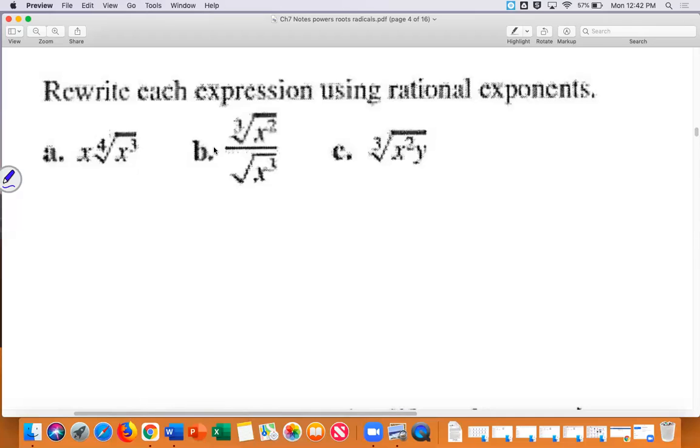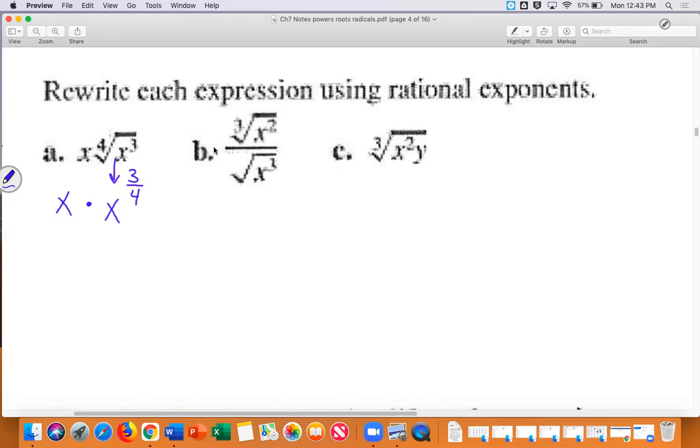Thumb goes on the 4, pointer finger goes on the 3. I'm going to rotate that up. So I'm going to write this piece, just this piece, as x to the 3/4. Everybody see how I got that? Mike, sort of? Times x.